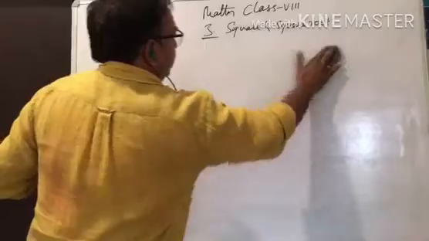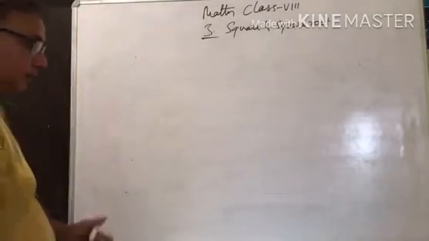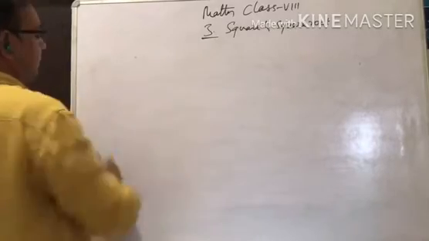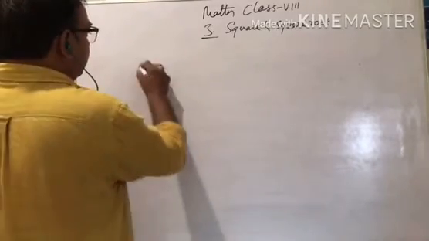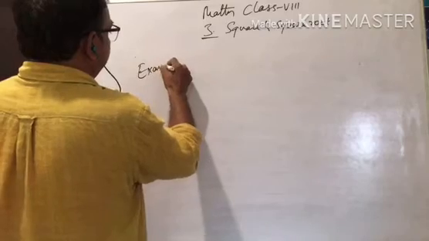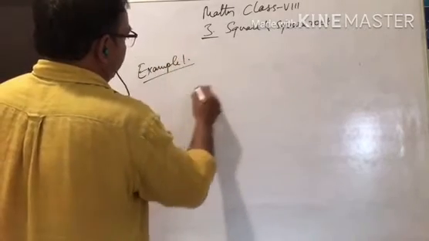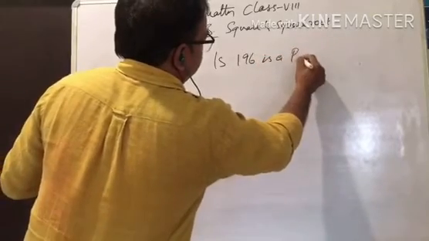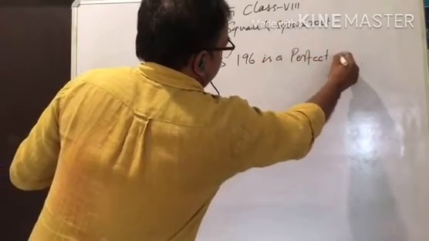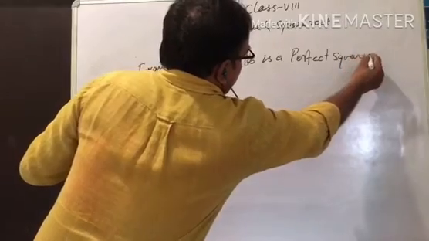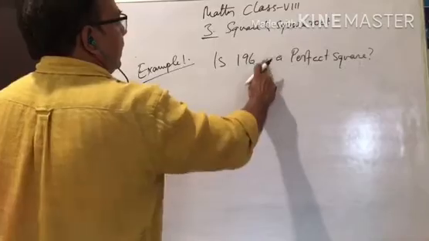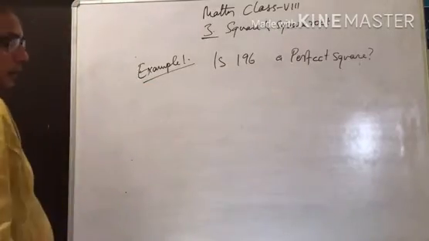If you want to check in the book, you can check page number 41. This is example number 1. Is 196 a perfect square number?